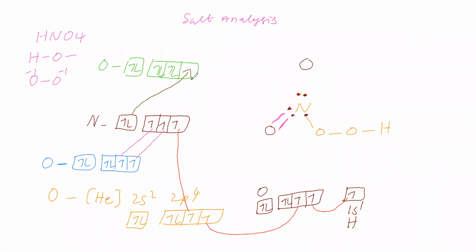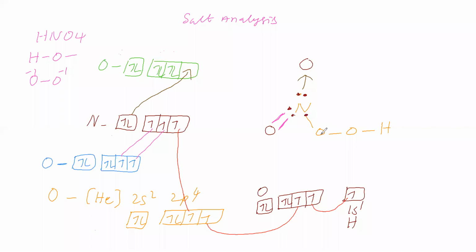So the HNO4 structure is like this. In this HNO4, what is there? One peroxy linkage is present.